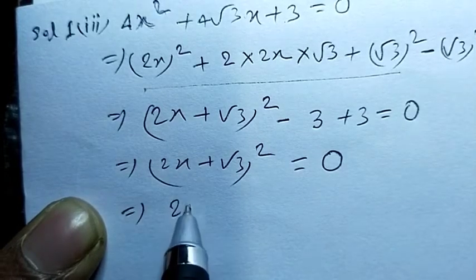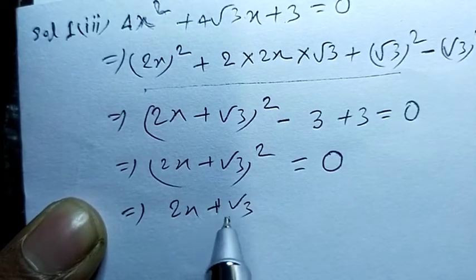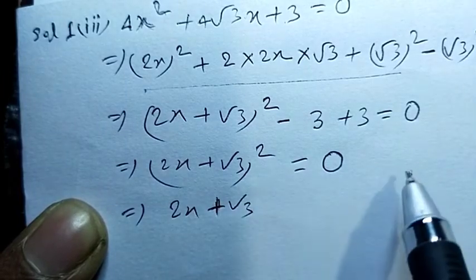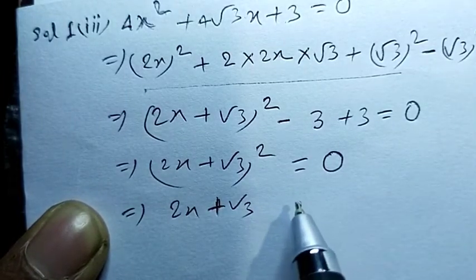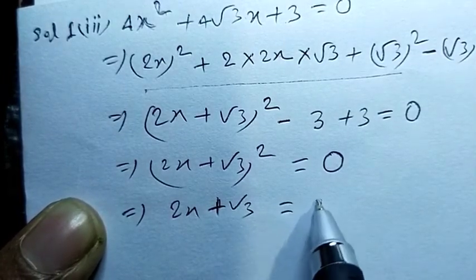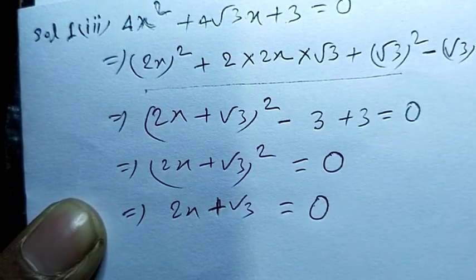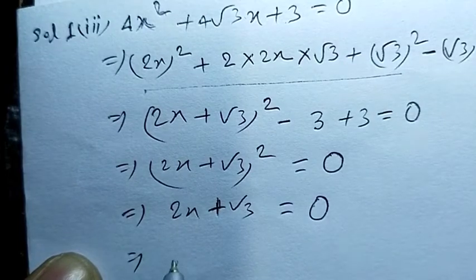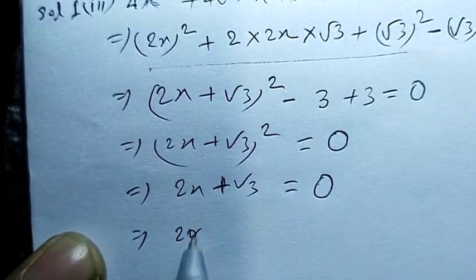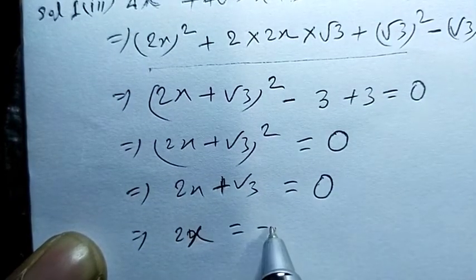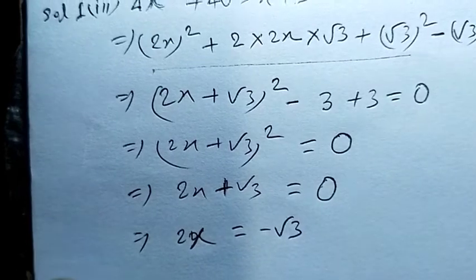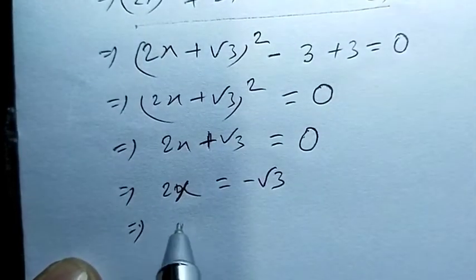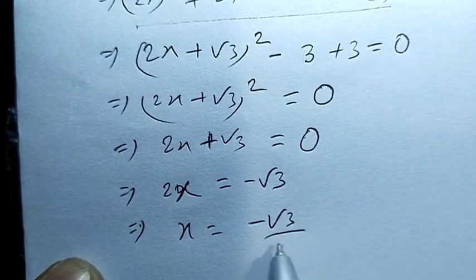Implies 2x plus root 3, this is a square, and the square root of 0 is meaningless, so we only write here that it is equal to 0. Implies 2x is equal to plus root 3 going to the other side, minus root 3. Implies x is equal to minus root 3 by 2.